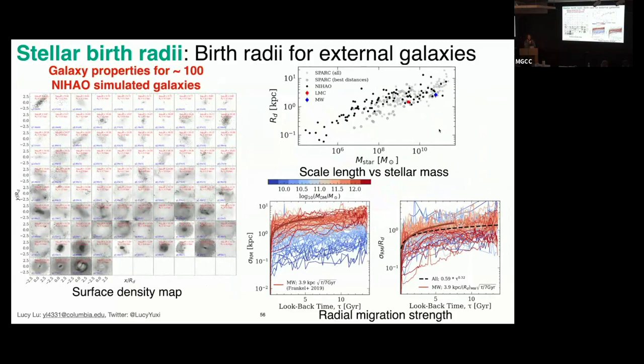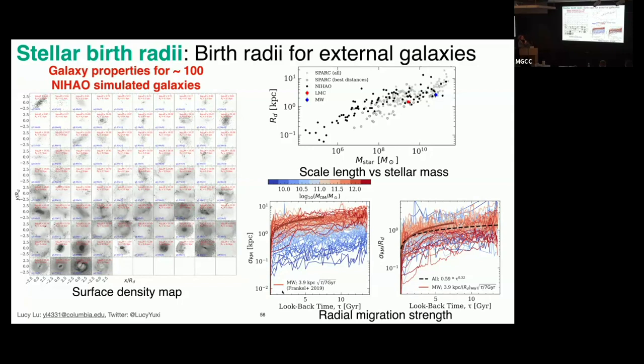But here on the bottom right is showing time axes versus the radial migration strength over time, for the simulations. And you can see that they're colored by the total dark matter halo mass.